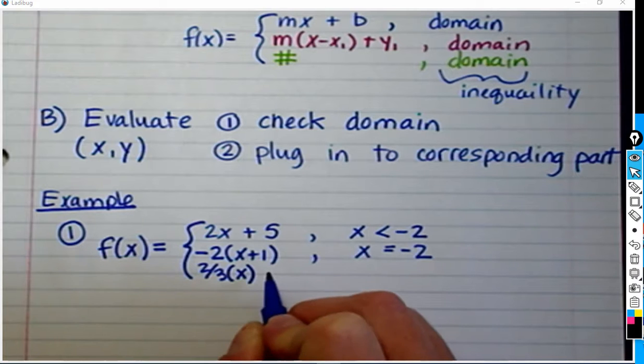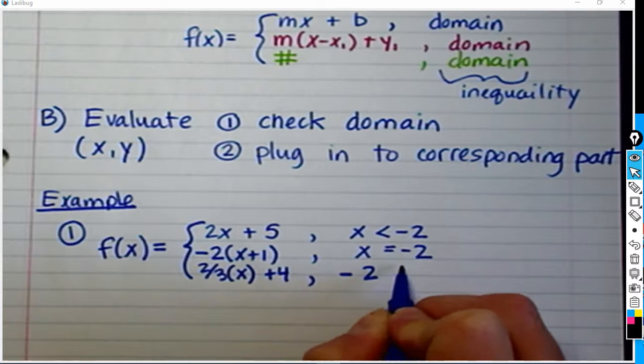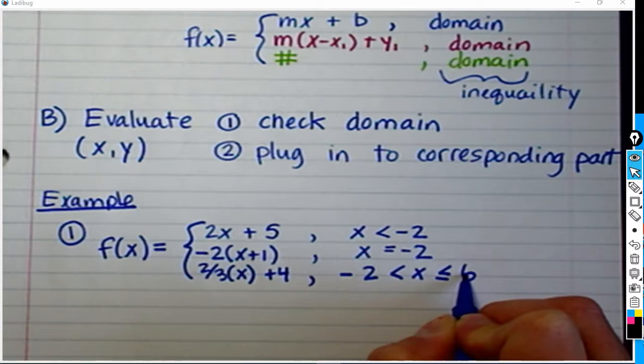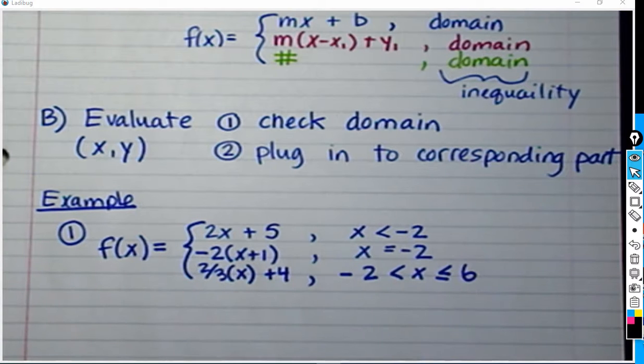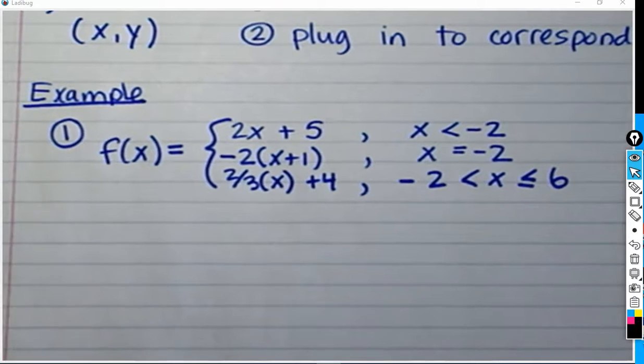Comma, negative 2 less than x less than or equal to 6. Whew. That's it. That's my piecewise equation. This one has 3 parts.